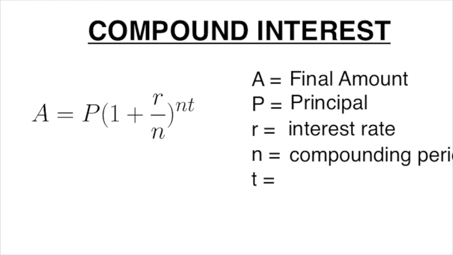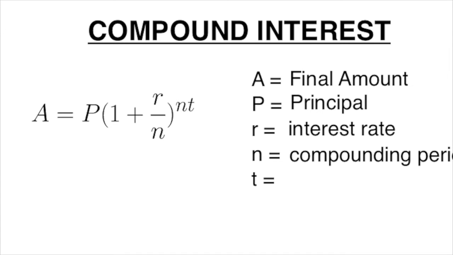N is something new. It's what we call the compounding period. And it's a question of how often your interest is going to be calculated. So you're still getting, let's say, 1.2% a year, but do you get it at the end of the year, which means your compounding period is one time a year? Or do you get it quarterly, which means you get it every 3 months? So that means that your compounding period is 4 because you get it 4 times a year.